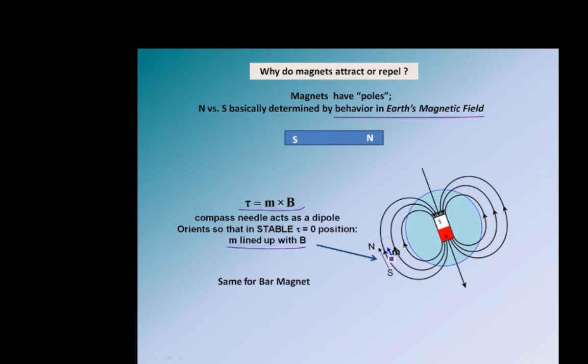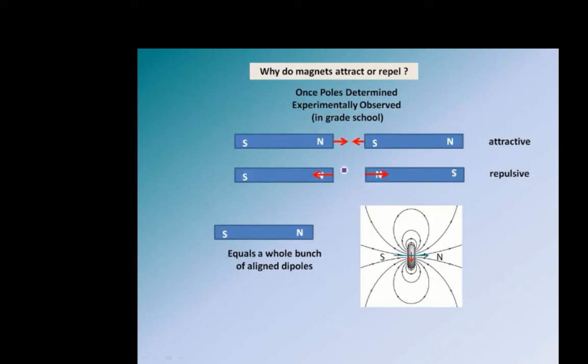It's just easier to see it with a compass because the compass has very little rotational inertia, so it lines up quickly. If we now put these magnets parallel to each other but close to each other, once the pole designation has been determined, we observe experimentally, and I think you did this in grade school, that the magnets attract if you have opposite poles near each other, and they repel if you have the same poles.